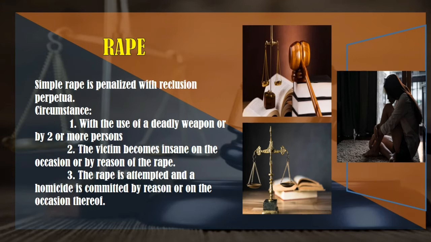It is qualified by the presence of the following circumstances. One is with the use of a deadly weapon or by two or more persons. Second, if the victim becomes insane on the occasion or by reason of the rape. Third, if the rape is attempted and a homicide is committed by reason or on the occasion thereof.